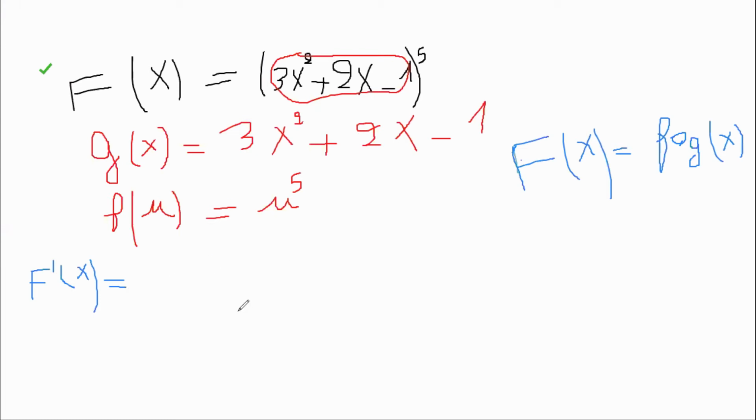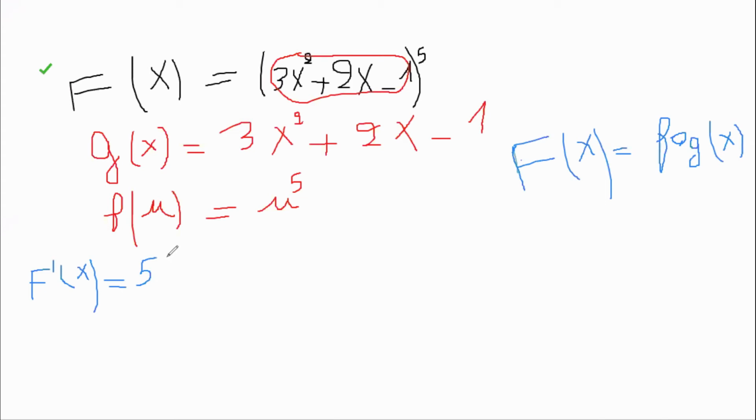What do we have to do now? We have to take the derivative of the outside function, which is 5u to the 4. Is it clear, guys? The derivative of u to the 5 is 5u to the 4: we bring the power down and put it here.